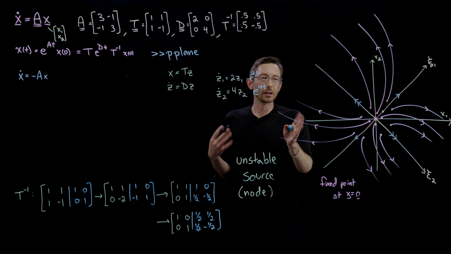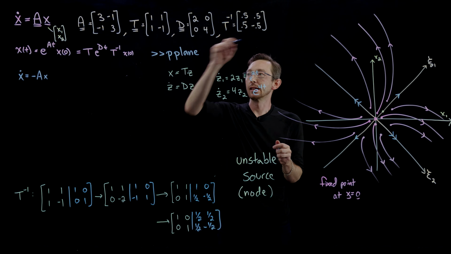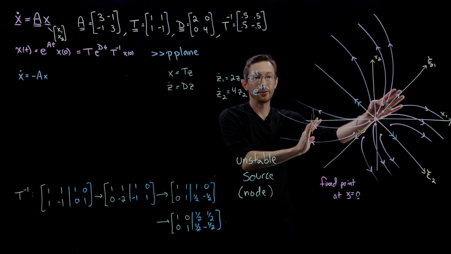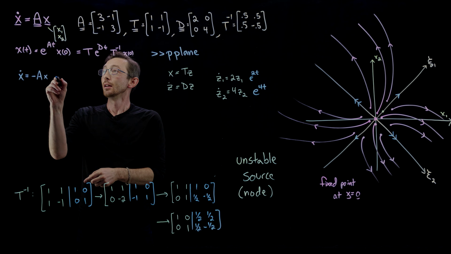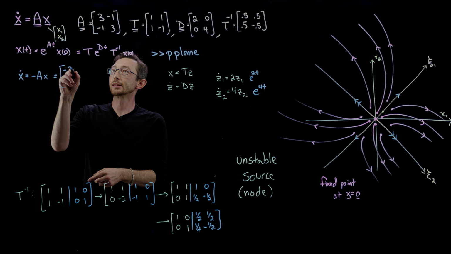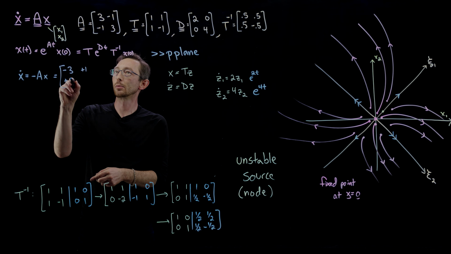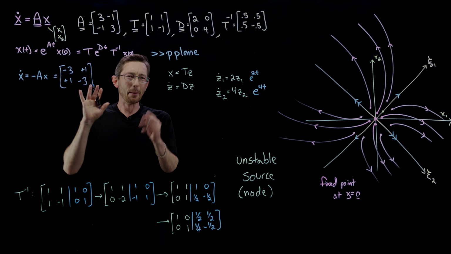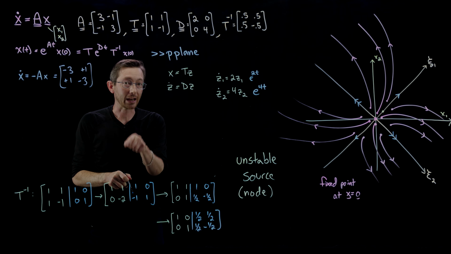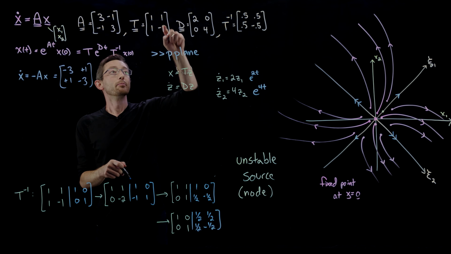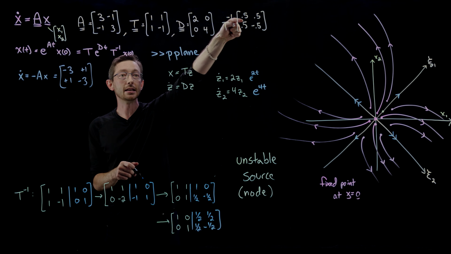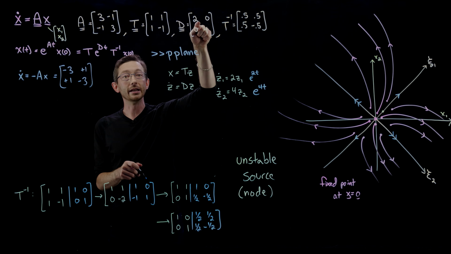I just want to show you really quickly what changes here and how this diagram changes. So if x dot equals minus Ax, this equals minus 3 plus 1, plus 1 minus 3. I'm pretty sure, and you should check this by hand, in Python or in MATLAB, that T and T inverse don't change, and only D changes.